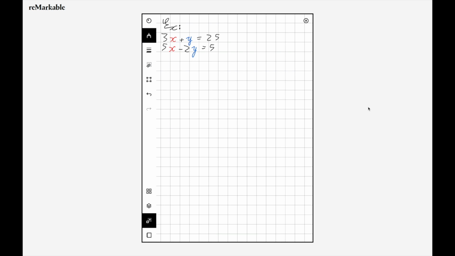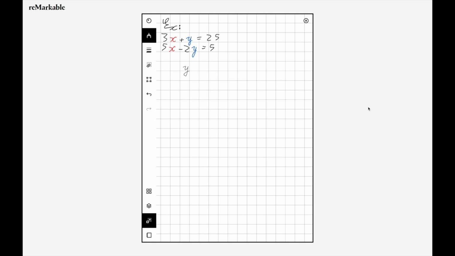Alright, let's try and solve this system of two equations and two unknowns. Let's first take our first equation, and let's create what is called an expression of y in terms of x. What does that mean? That means that we want y to be on one side of the equality and everything else to be on the other side. How do we do that?